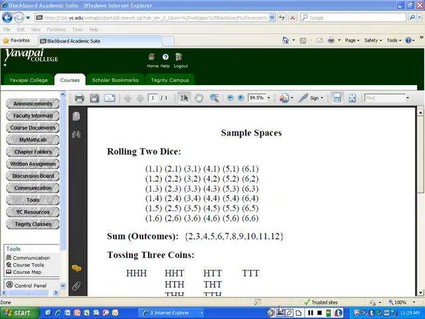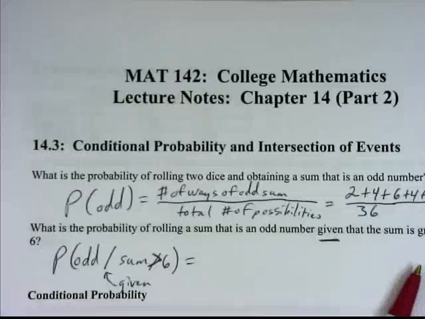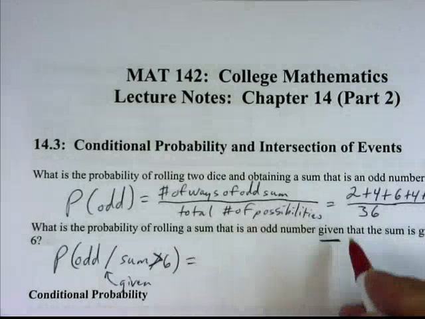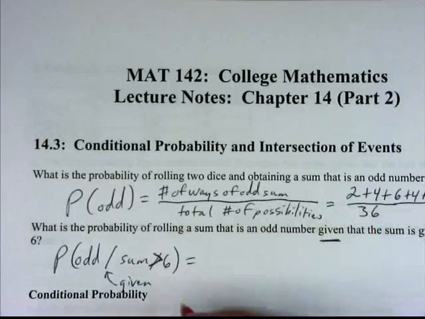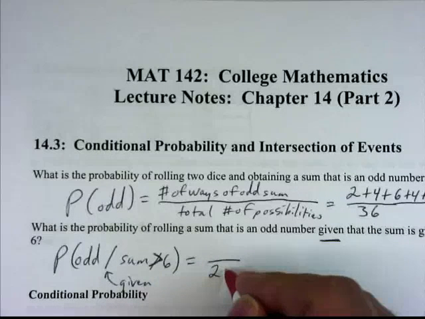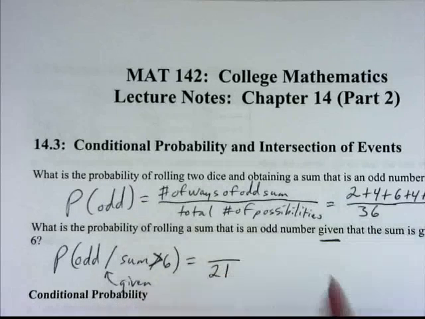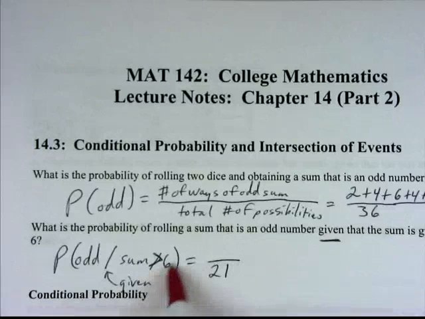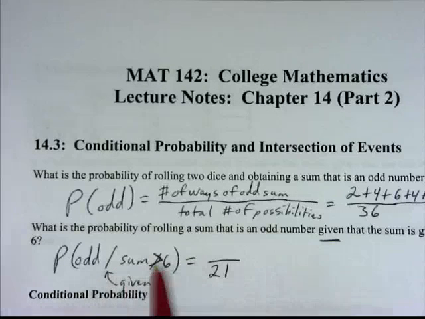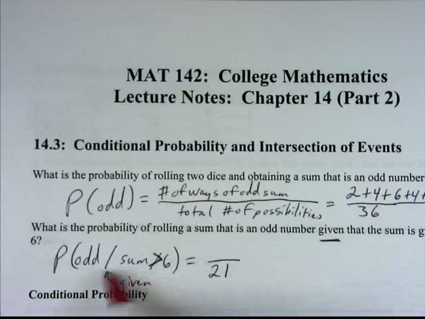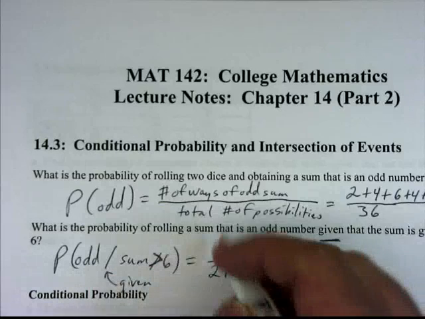So when I go back and work on my probability, instead of having those 36 ways that I had up here, now I've only got 21, because we knocked a whole bunch out that had a sum that was 6 or less. And of those where we had a sum that was greater than 6, how many of them were odd?